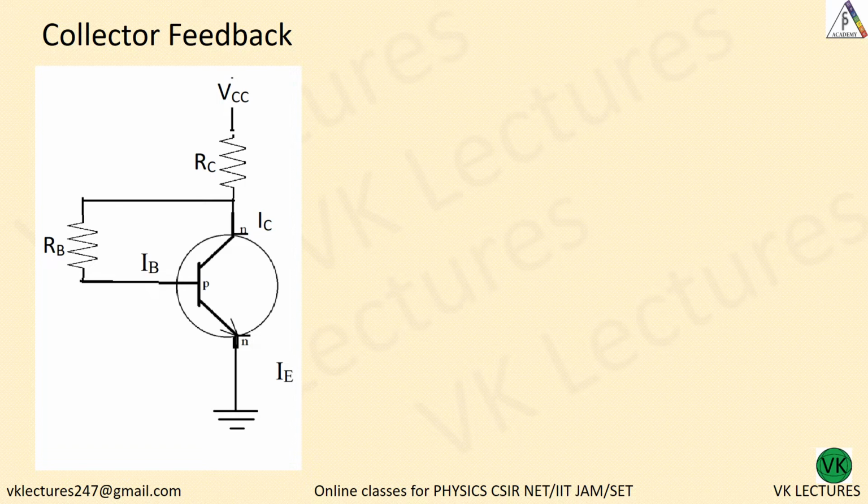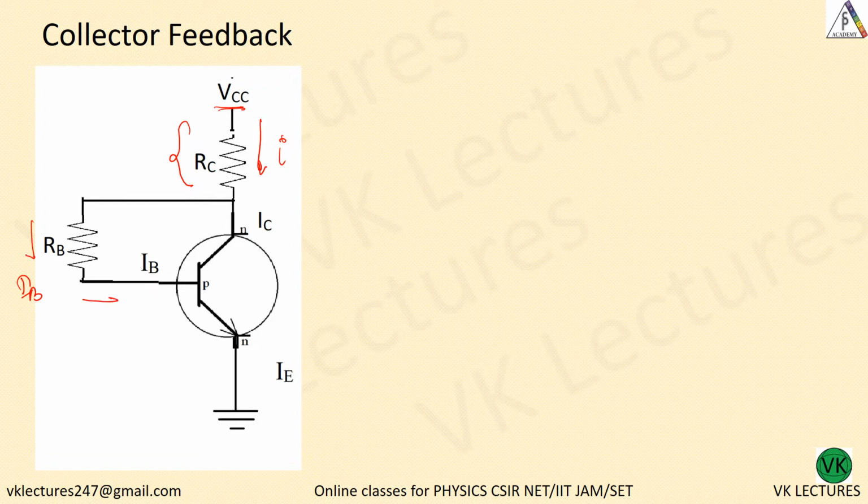So this is the current I. Here there is no IC and RC separately, because part of the collector current is from the VCC, part of it is developed across this RC, which is connected to this point C, and then it goes to RB through IB.